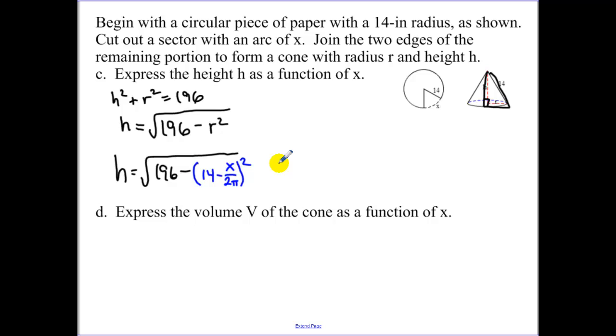So right now, stop the video and simplify. Hopefully you just stopped the video and simplified. And when you went through and simplified everything here, you should have gotten on the top the square root of 56 pi x minus x squared, all over 2 pi.